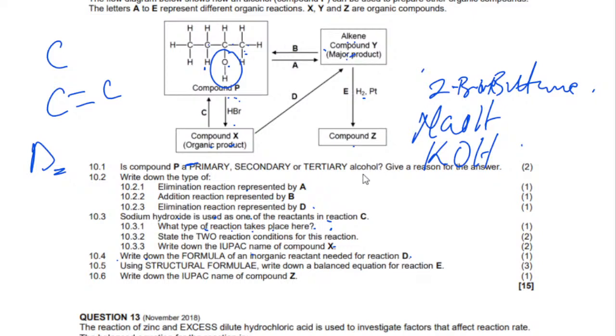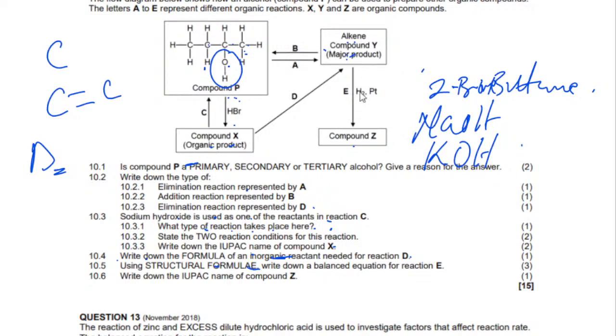That's the inorganic compound we are talking about. Use the structural formula. That's where the problem comes from when students are asked to write the structural formula. Use the structural formula. Write down the balanced equation for E.